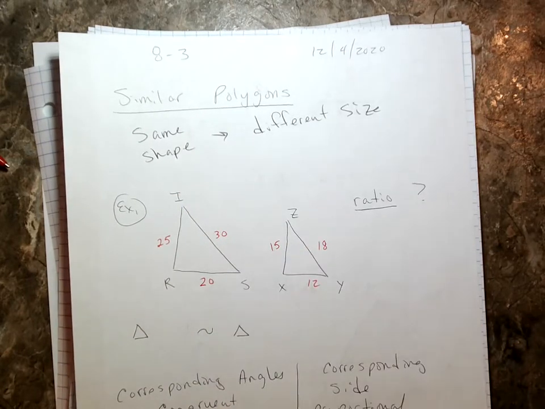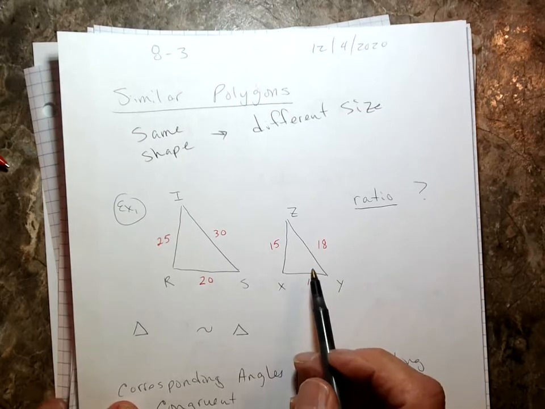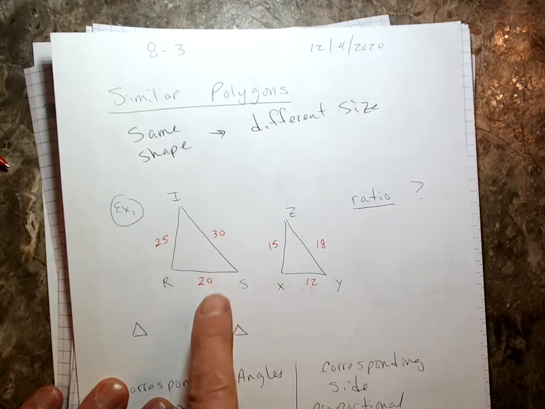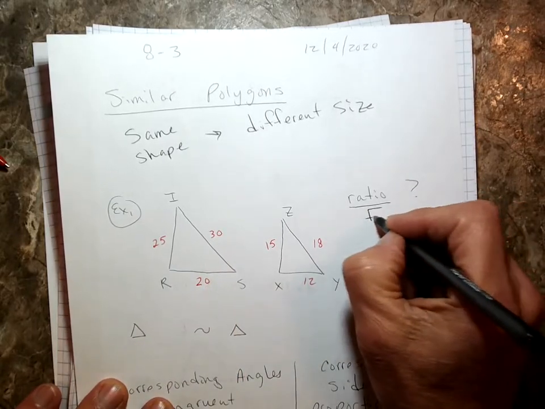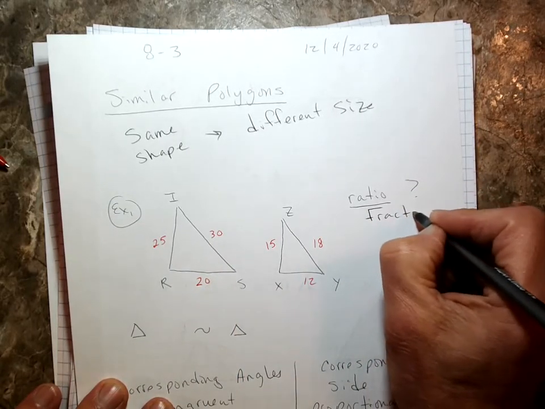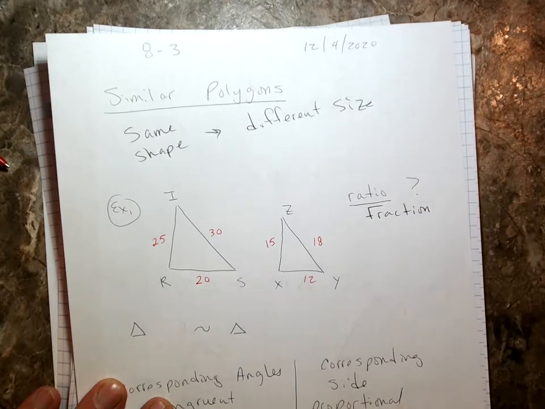So what we talk about is some kind of a ratio. A ratio is a fraction, and we can find the ratio by setting up the fractions.